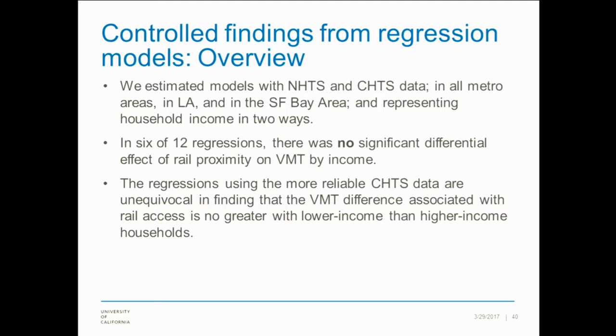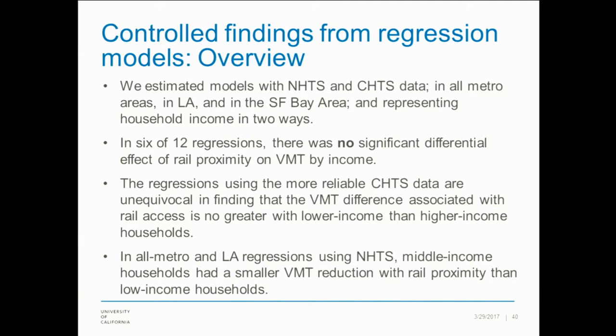And then going to the final bullet here, in 2 of the regressions using the less reliable data set, NHTS, we did find that middle income households had a smaller VMT reduction with rail proximity than did lower income households. Now I want to stay here for a second before I go to the next slide and just talk about what the meaning of this is.